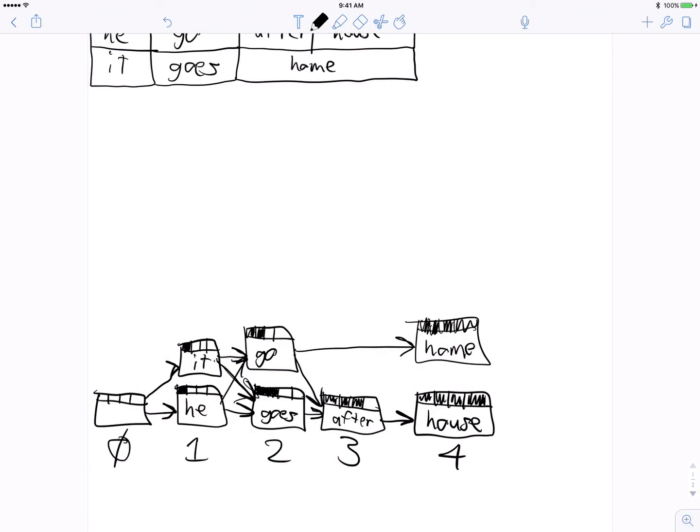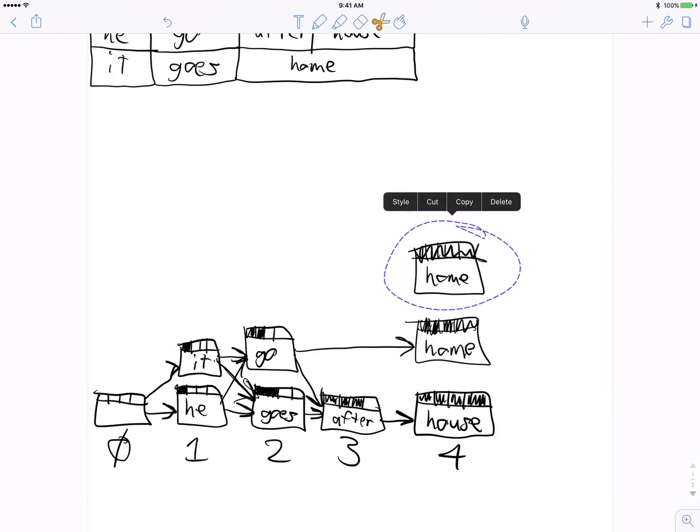Okay. Now we have the same issue going on again. We could extend goes with home. Now remember what we did before. We could write this up here, fill it in, do the extension, but we're going to notice right away that hypothesis recombination is a possibility here.